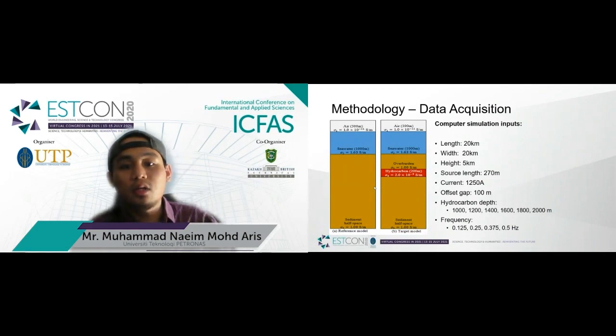The source length is 270 meters, and we use a current of 1250 ampere. 100 meters is used as the offset gap, and then we have 6 different hydrocarbon depths here, from 1000 meters to 2000 meters with a 200 meter gap, and also we have 4 different frequencies. Each layer is parameterized with a specific conductivity.